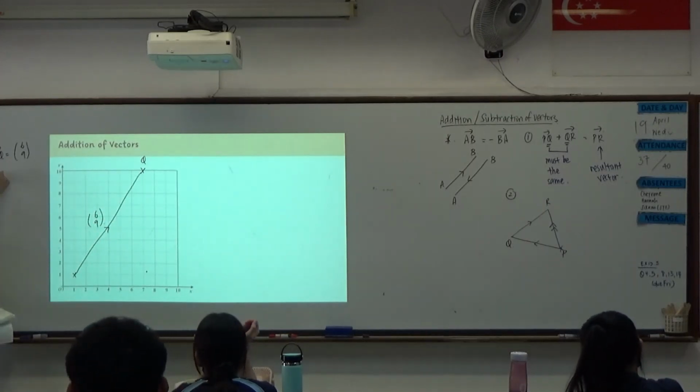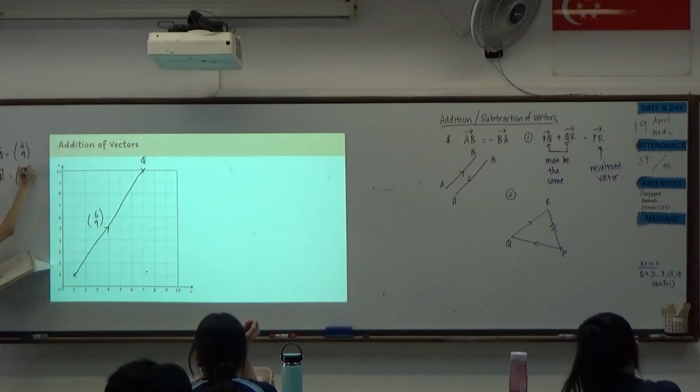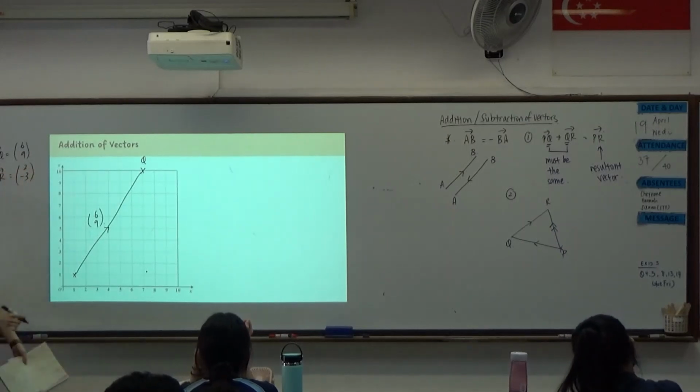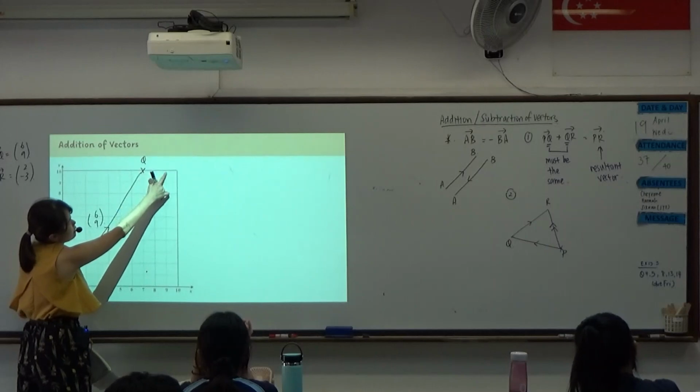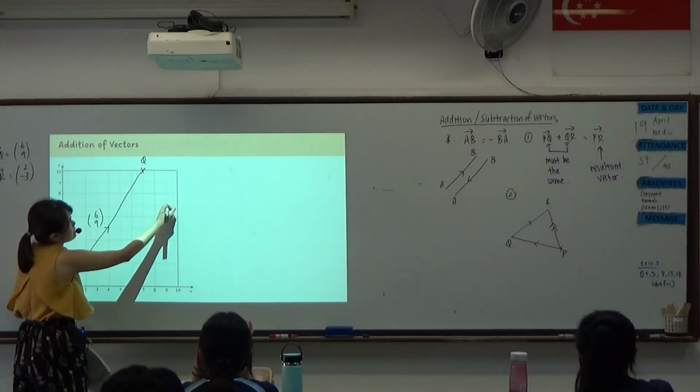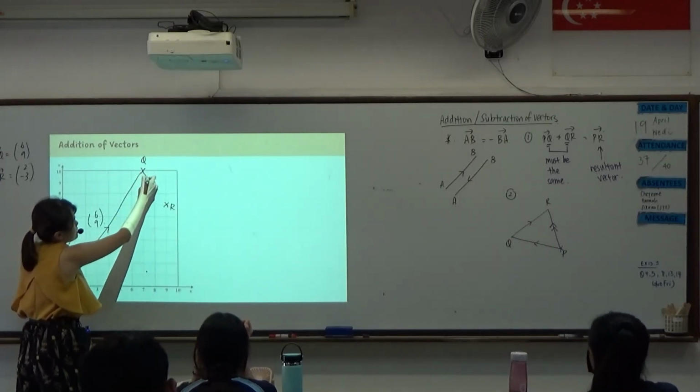If my QR were to be a vector that is 2, -3, that would mean that from Q itself, 2 units to the right and then -3 downwards. So R will have to be here and this will be my QR.